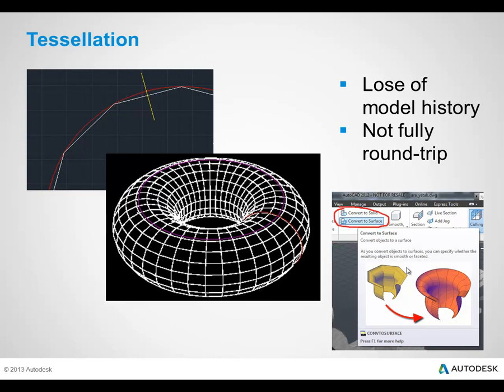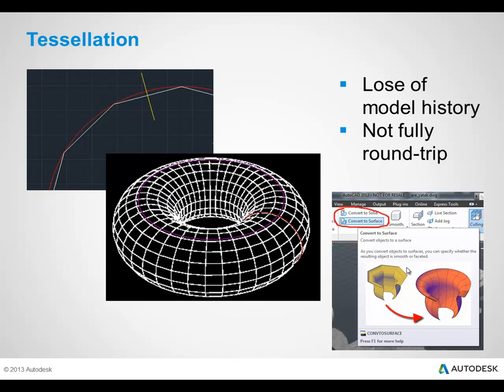So when you convert a solid model, for example, into a tessellated mesh, first of all, the conversion process has to do with settings such as the facet setting in AutoCAD. Depending on how you have the model faceted may determine the precision of the resulting mesh that would go into FBX, for example.